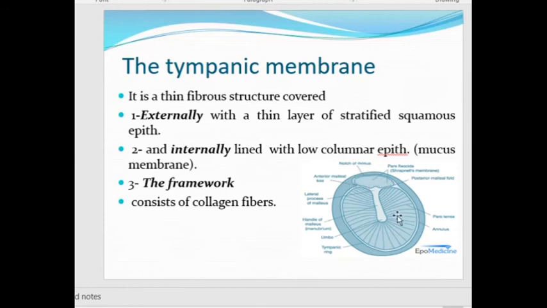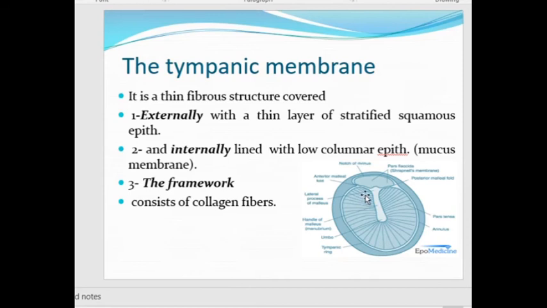Now, the tympanic membrane is made up of 2 parts. One part is large, which we call the pars tensa, and it is composed of 3 layers: the outer, middle and inner layer.